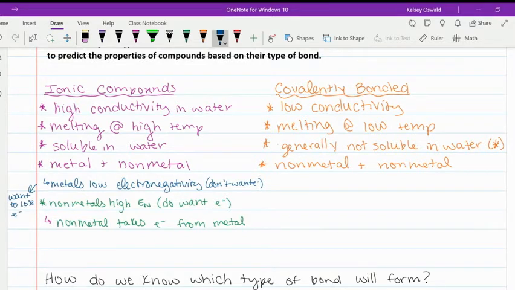So now we have a positively charged metal and a negatively charged nonmetal. Remember, when we lose electrons, that's when we form a positive charge. Gain electrons, we get a negative charge. Since we have opposite charges, our metal and our nonmetal are going to attract to form that ionic bond.